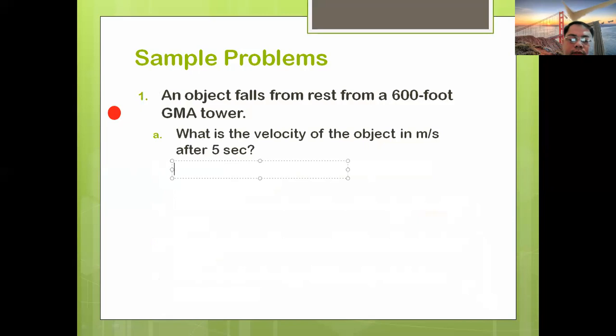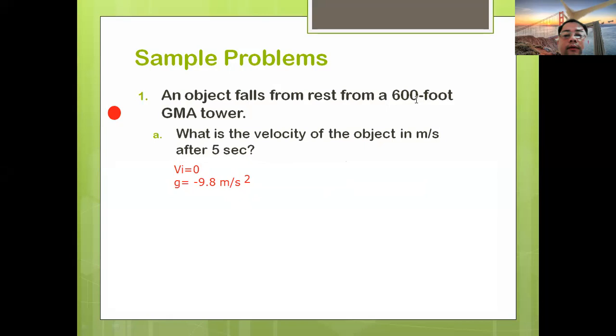It started from rest, so V sub I must be 0. Another implied given is that gravity is always negative 9.8 meters per second squared. Without even mentioning that it is a given, we always know that the value of gravity is like this.